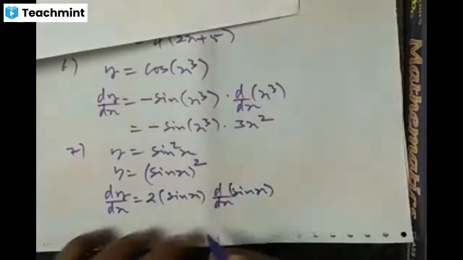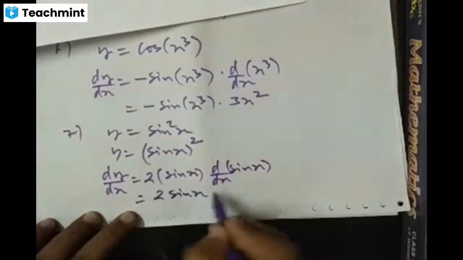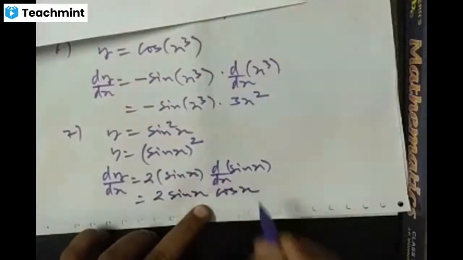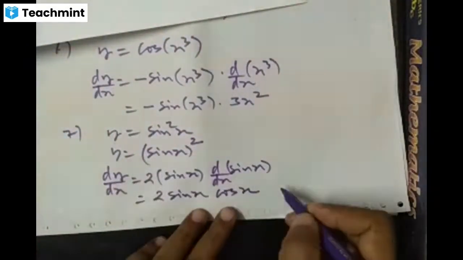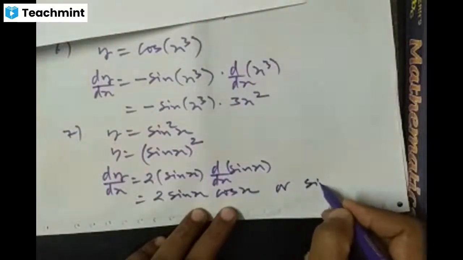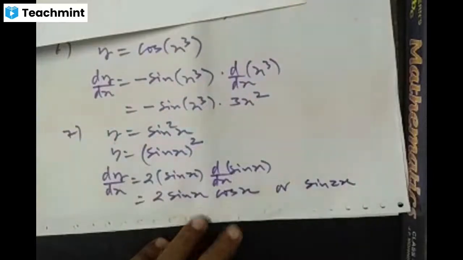So that is equal to 2 into sin x into d by dx of sin x. Derivative of sin x is cos x, right? So derivative of the given function sin square x is 2 sin x into cos x, or using the double angle formula you can also write 2 sin x cos x as sin 2x. Both are one and the same. 2 sin x cos x is same as sin 2x, right?